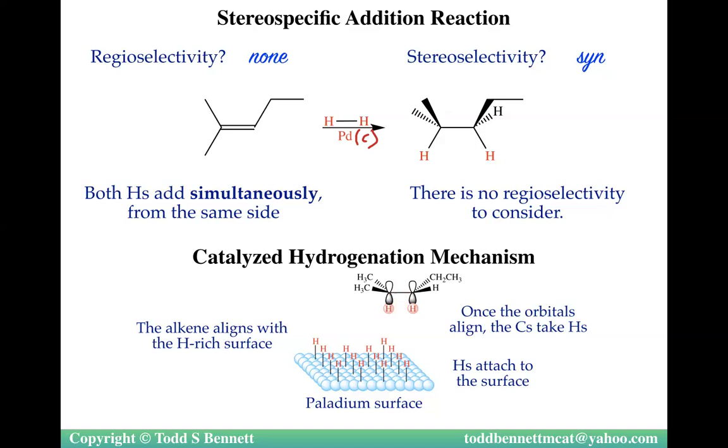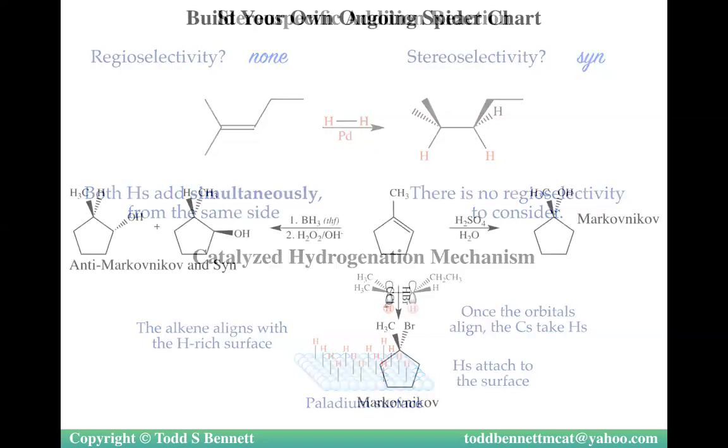I draw it this way out of laziness, but this is going to rehybridize and turn into something that looks like that. So those are now bonds to H. Syn addition adds at the same side.